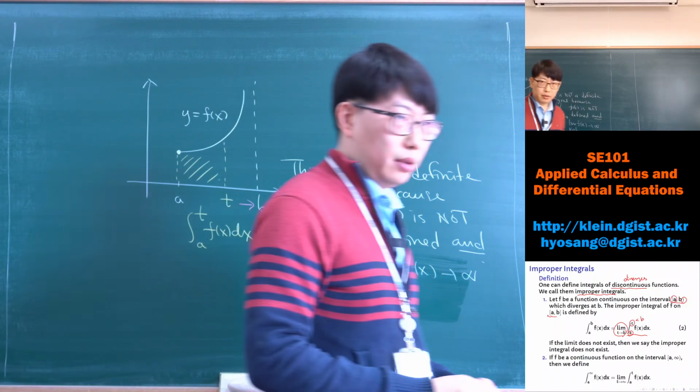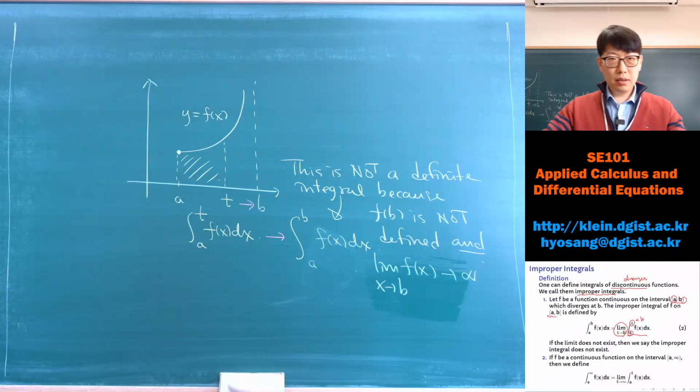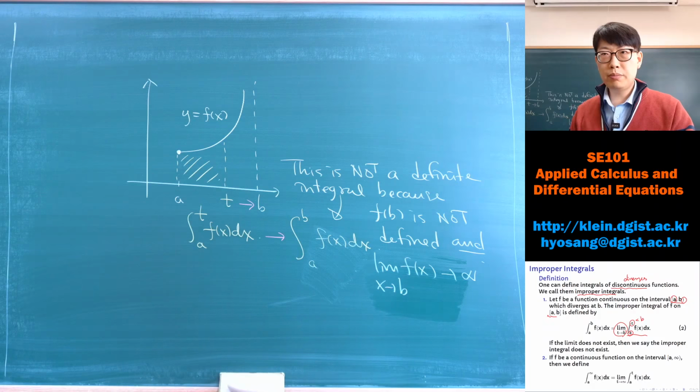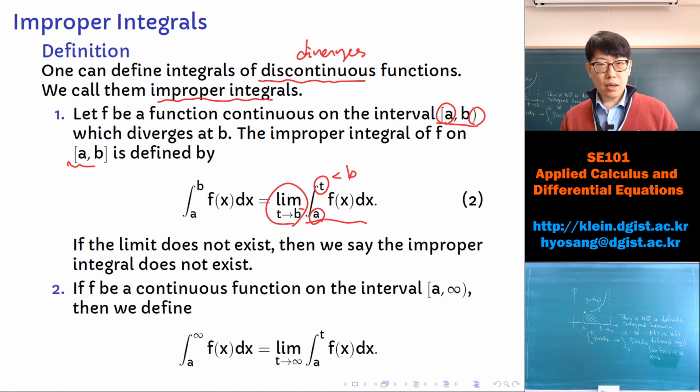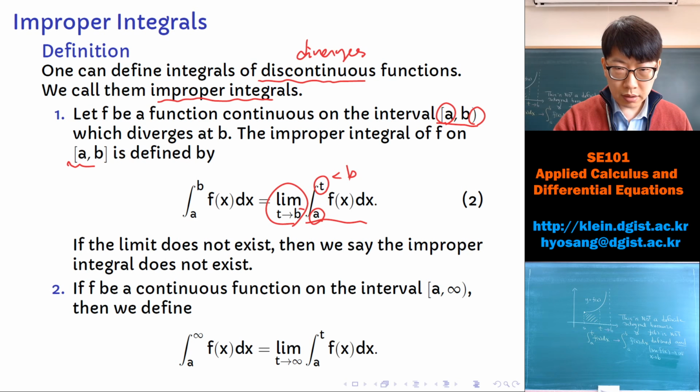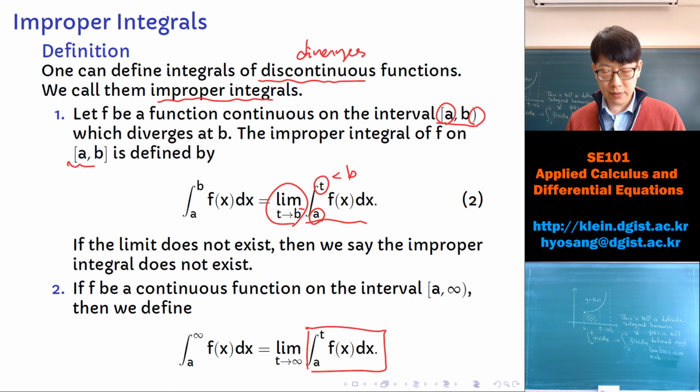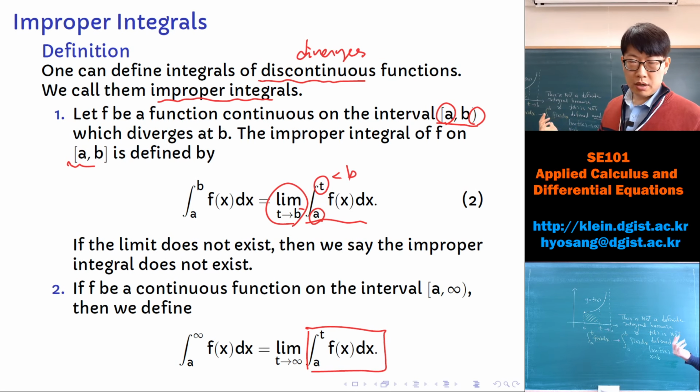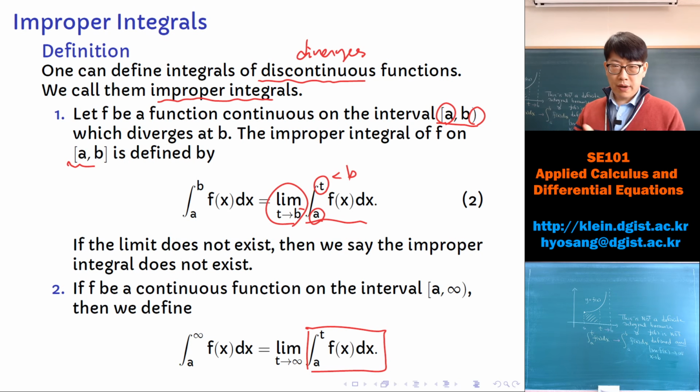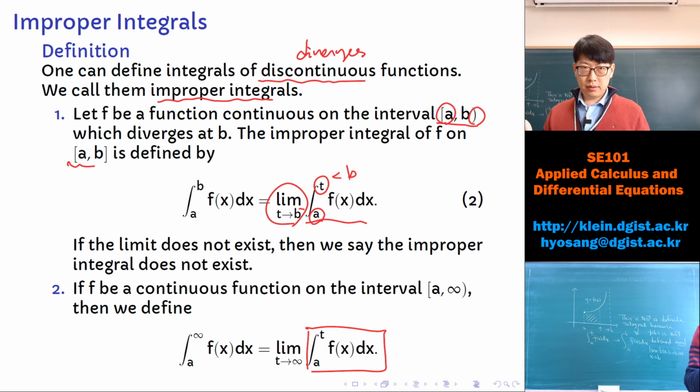All right. So there's another situation of improper integral. You can set your domain from a to infinity and still define an improper integral if the limit of the integral from a to t exists when t goes to infinity. So in the previous example that I drew on the blackboard, you have a finite domain, but in the second case, you have an infinite domain.